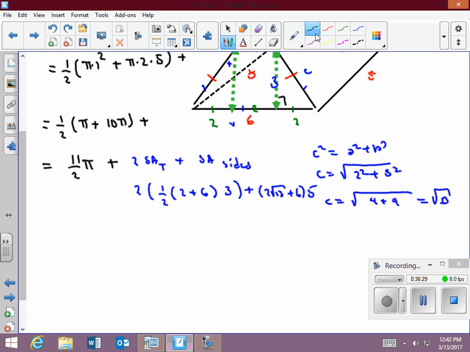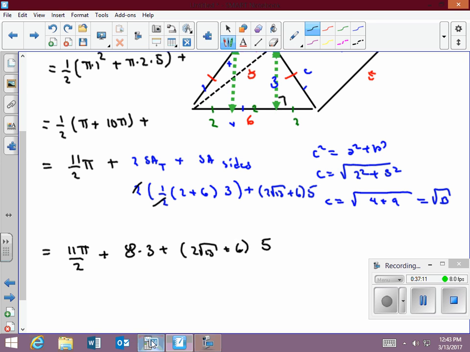So we'll put this all together. 11 over 2 is pi, because that's pi, so it's 11 pi over 2. Plus, these 2's go out, and then it's 8 times 3 plus 2 square root of 13 plus 6 times 5, all divided by 2. It's a lot to remember.